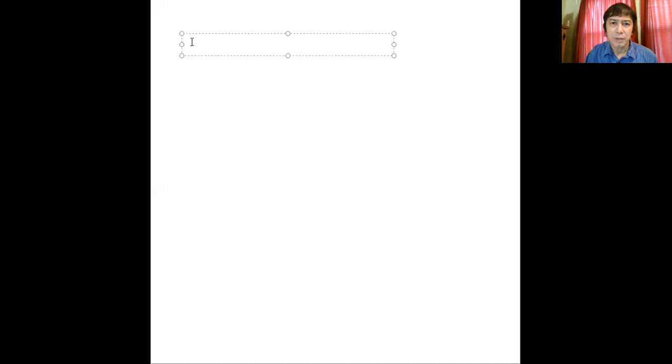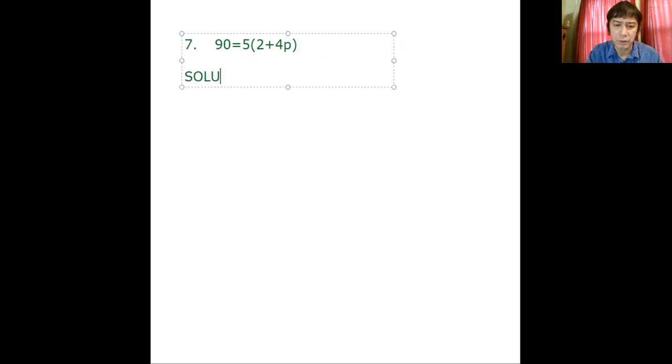All right, so to start with, this is number 7. Given is 90 equals 5 times the quantity 2 plus 4p. So this is the given problem, and we usually write the word solution there first.